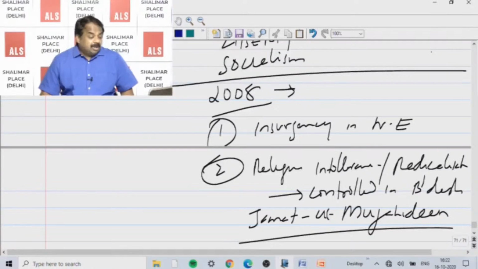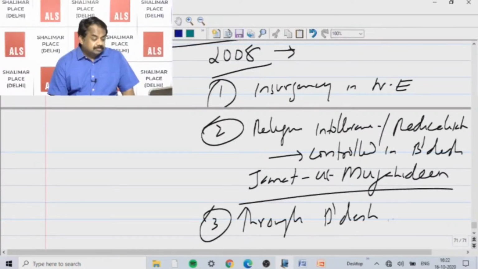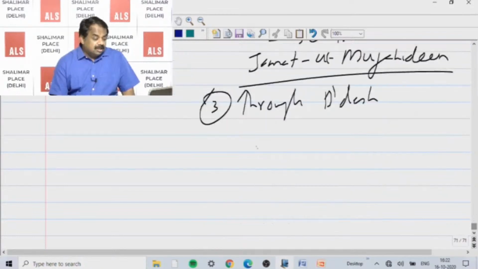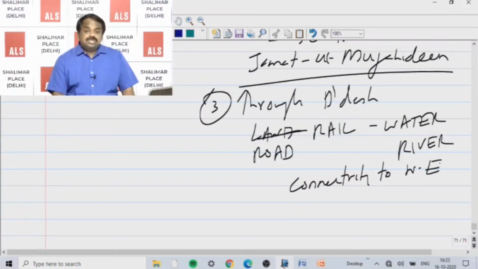Then another big progress in the last many years is connectivity through Bangladesh to the Northeast: land, even road, rail, water or river connectivity to the Northeast. It's a big achievement.